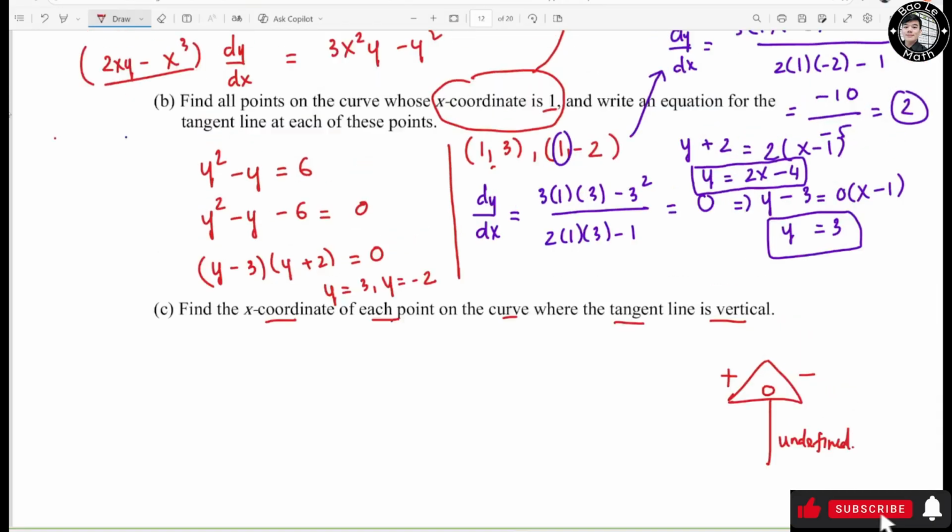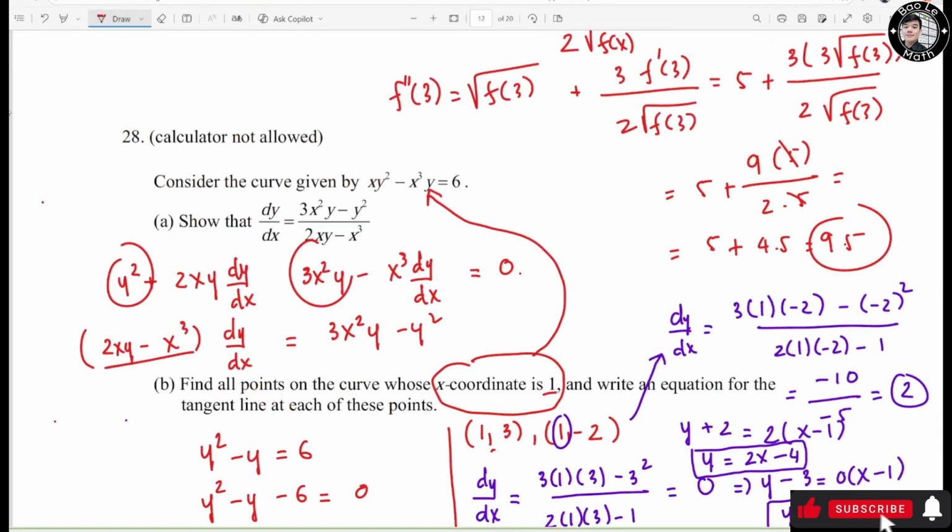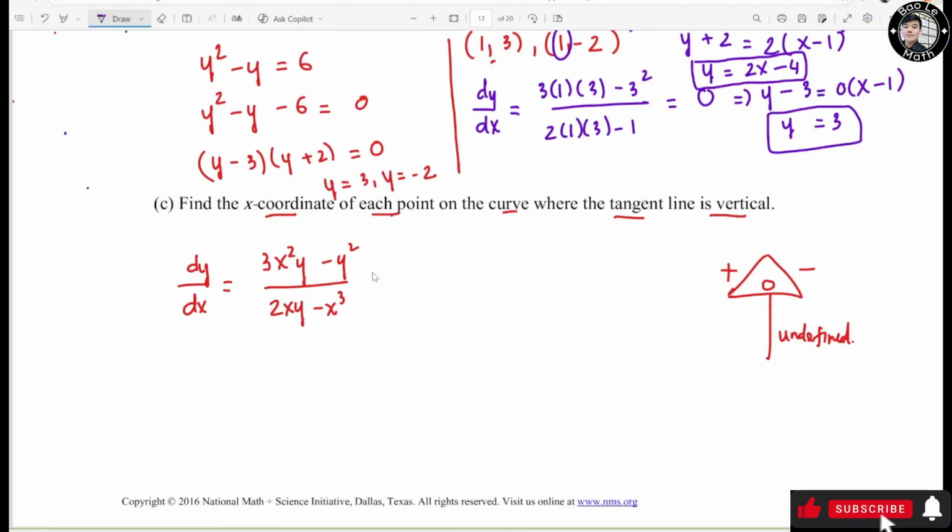Alright, so we go back over here, we find the slope is going to be right here. Now the slope is undefined when 2sy minus s cubed equals 0, right? Factor s out, so we have 2y minus s squared equals 0, right?